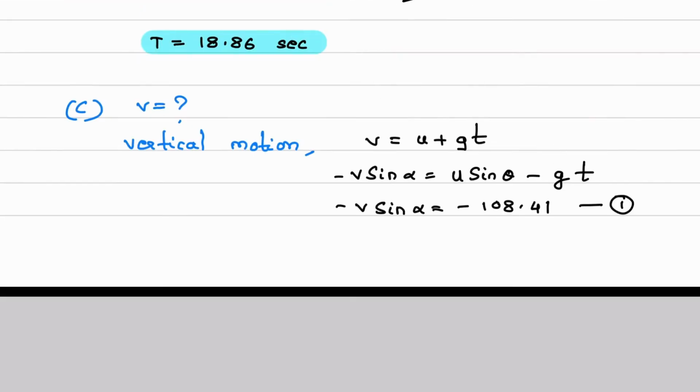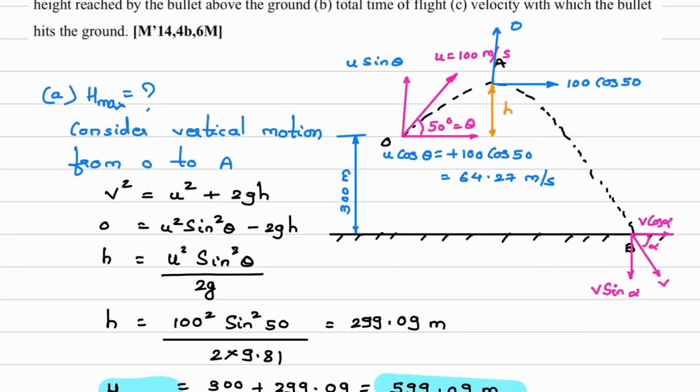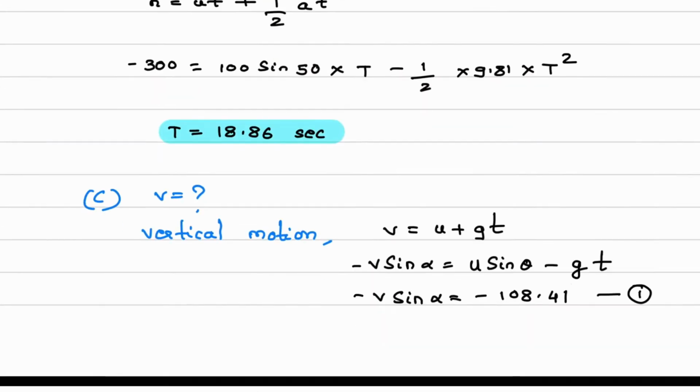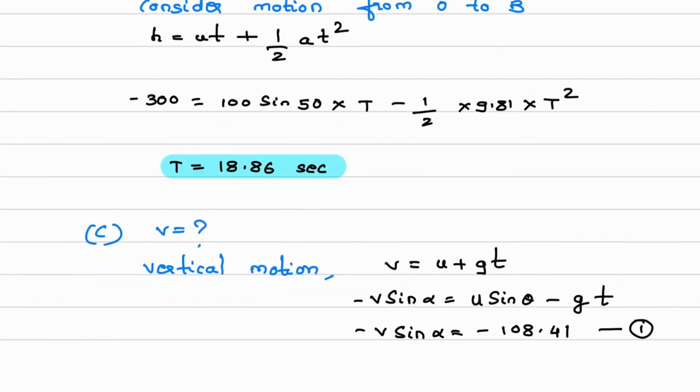Now we will consider horizontal motion. Vertical motion is uniform acceleration motion, so that is why we use this equation. Horizontal motion is uniform velocity motion. Basically we are calculating x and y components so that we can calculate final velocity.